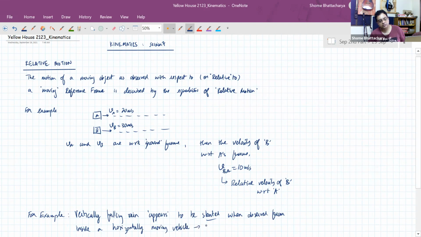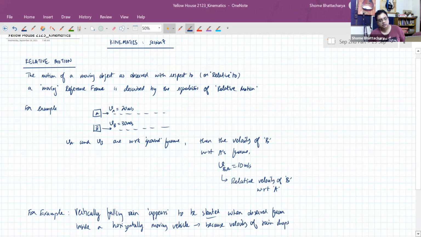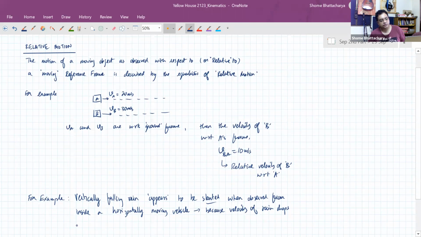This occurs because the velocity of raindrops relative to the frame, and the reason for that we'll discuss by the end of today's lecture. You'll understand why that happens.